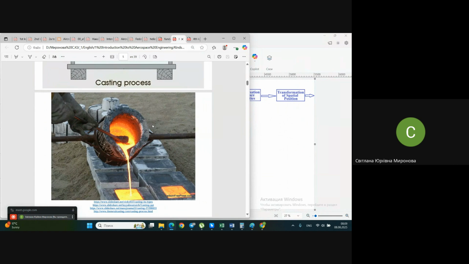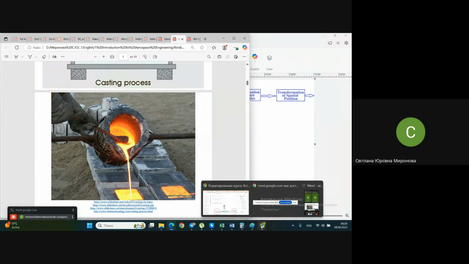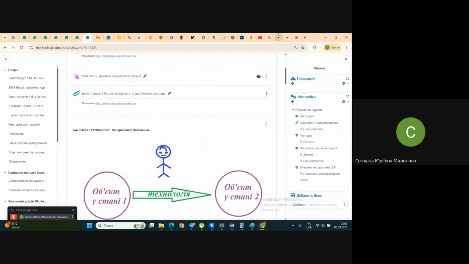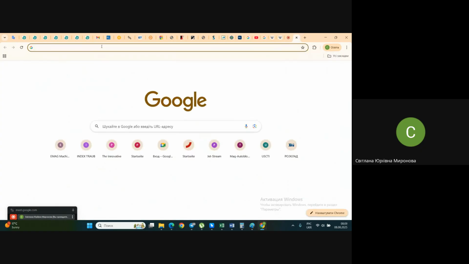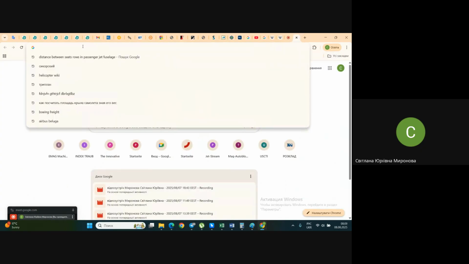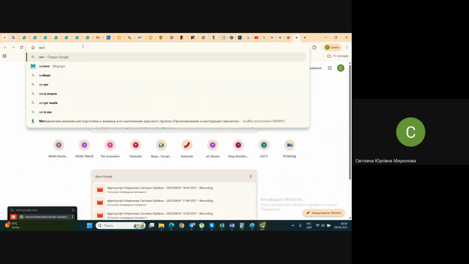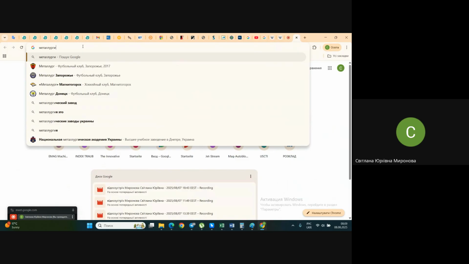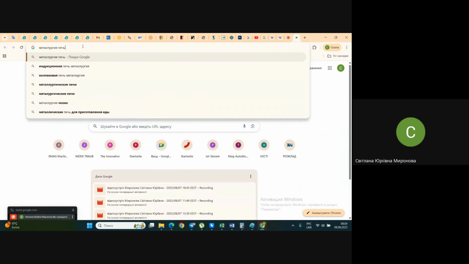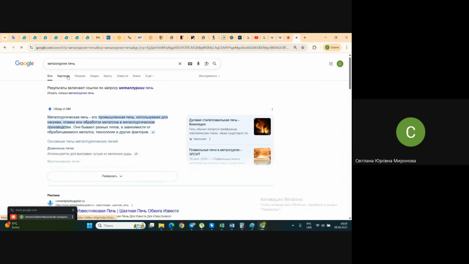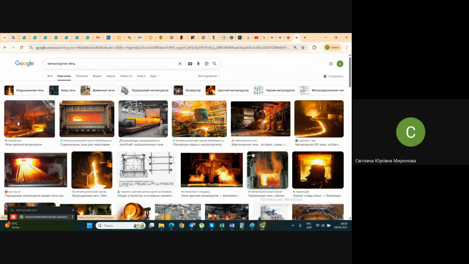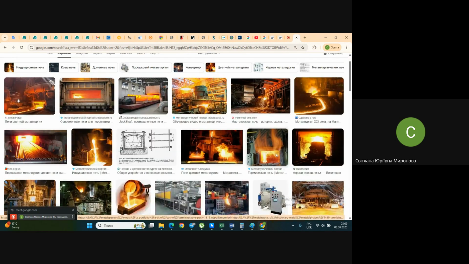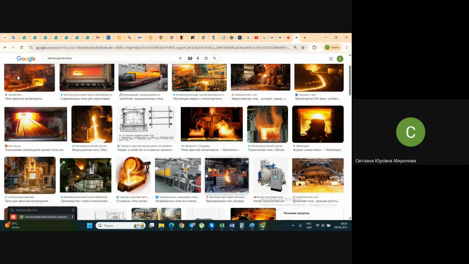Casting process. To remind you what it comes to, you see the beautiful picture, but you understand, not all things that we need are already here. Oh, here we see what it looks like in metallurgical manufacturing.